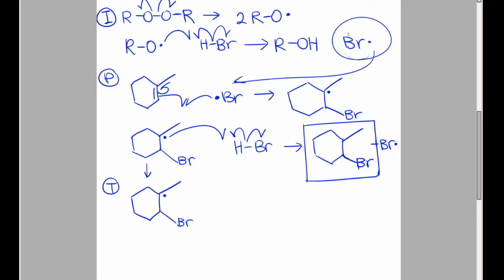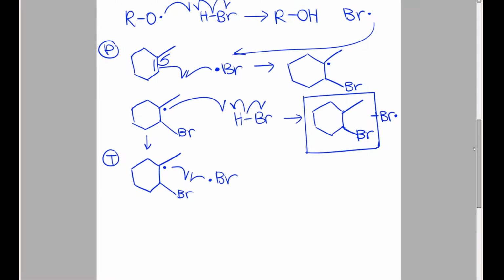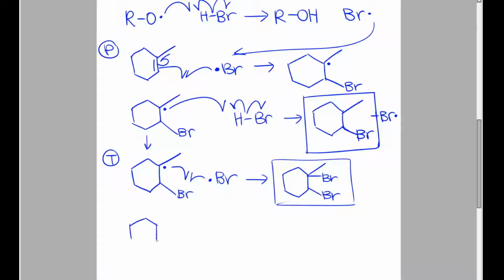And we also have this bromine radical, so one other possible product could be this, where these two radicals form one full bond, and we can get a product that looks like this. Or another product we can get is we take two of these and we react them together and we get something that looks kind of scary.